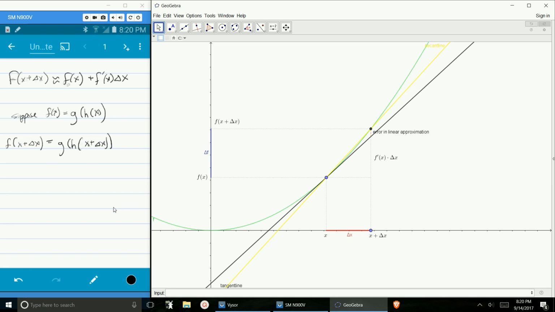Well, just replace the f with h's and you can see what would happen. So this will be approximately equal to g of, instead of h of x plus delta x, it'll be h of x plus h prime of x delta x.